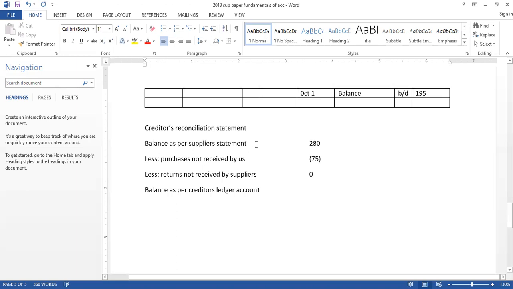So you need to adjust your balance as per supplier statement of 280. Or you can even do this as a separate less line. I think this will be much better, then you won't get confused.